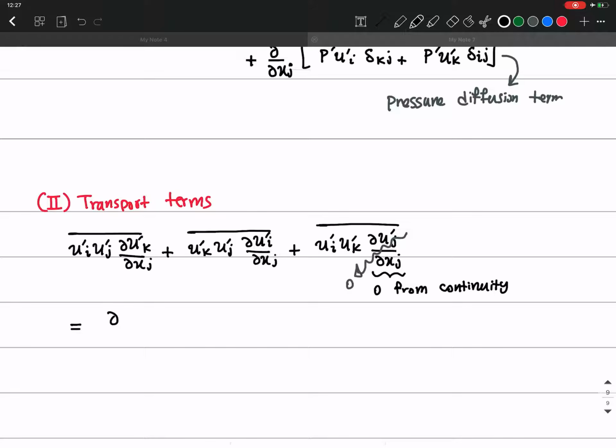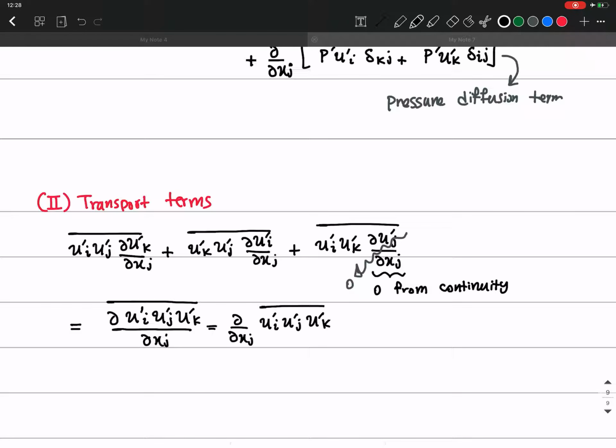The reason is that, first of all, I want to write this using again that formula from calculus for the derivative of multiplication. I want to write this as u prime i, partial u prime i, u prime j, u prime k over partial xj bar, right? We can do that. And again, we can take out this partial over partial xj, which is a derivative, out of this averaging. So it's going to be u prime i, u prime j, u prime k bar.